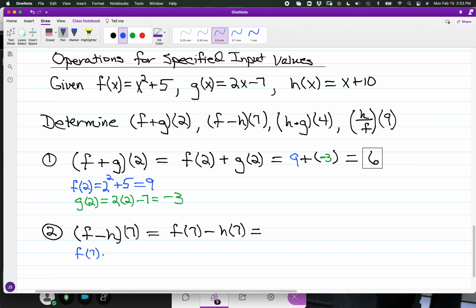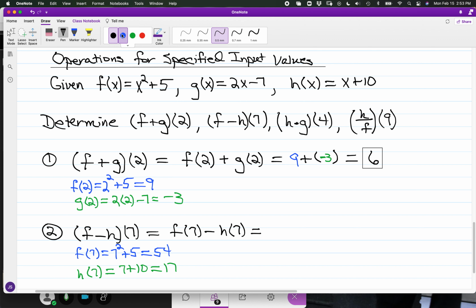We're working with the f function once again. So f of 7 is 7 squared plus 5. 7 squared is 49. 49 plus 5 becomes 54. Now for h of 7, this would be 7 plus 10. And 7 plus 10 is 17.